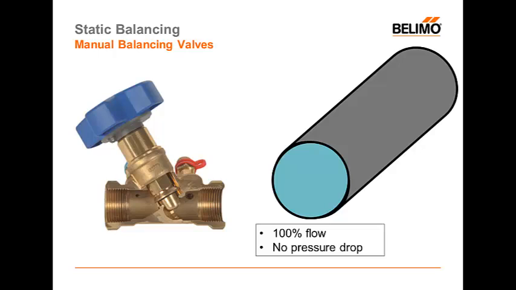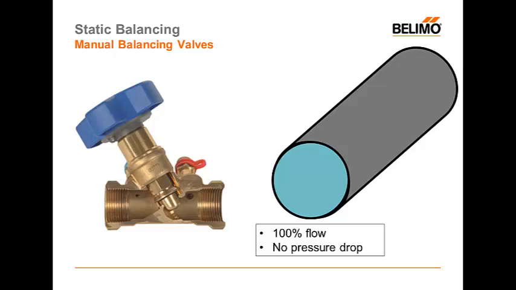Let's go back to our diagram where we discussed balancing valves and see what the 12 psi pressure drop looks like. So again, our valve is wide open, our pipe is essentially unrestricted, and we have 100% of the flow of the water, and that would be the condition under which we balance the building. 100% flow has no pressure drop.